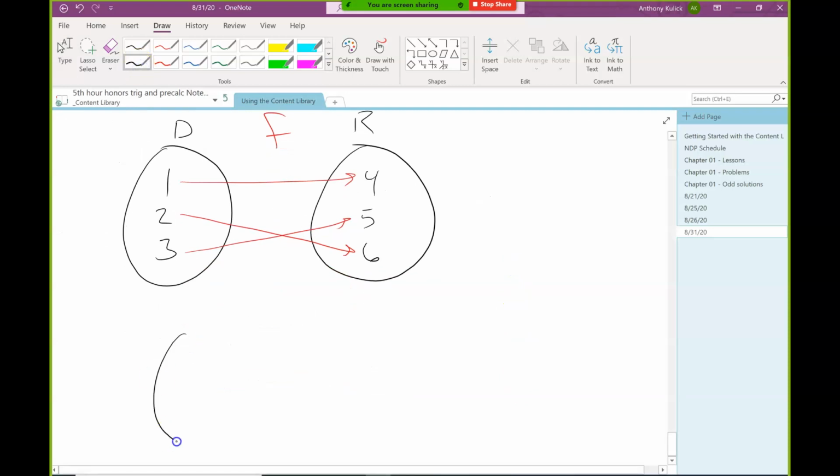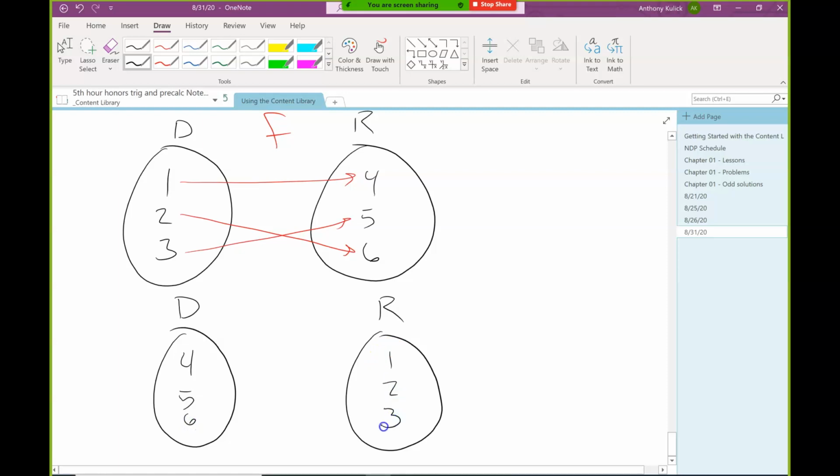If I wanted to draw the mapping diagram for its inverse, I know what the inverse is going to do is it basically undoes whatever the function did. So the function takes 1 to 4, so the inverse should take 4 back to 1.